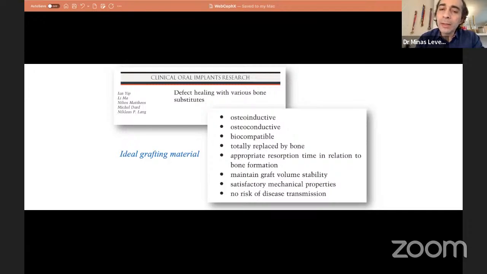We see that the ideal material must totally be replaced by bone, at the same time to have an appropriate resorption time in relation to bone formation. Of course, we need to maintain the volume, good mechanical properties, and last but not least, we have to be aware of any risk of disease transmission.